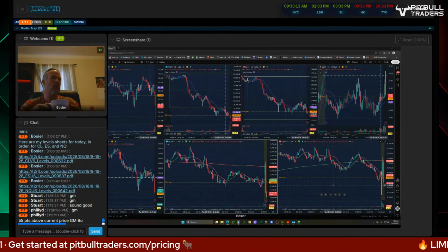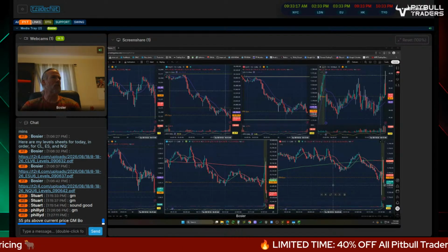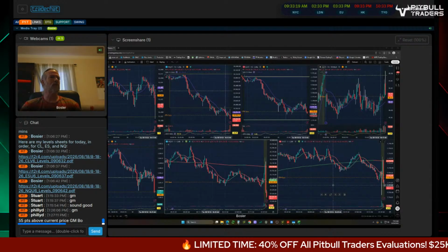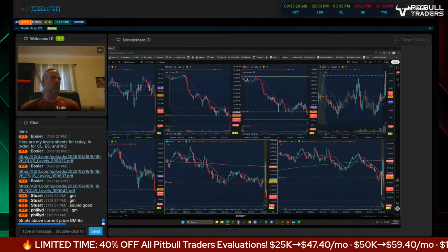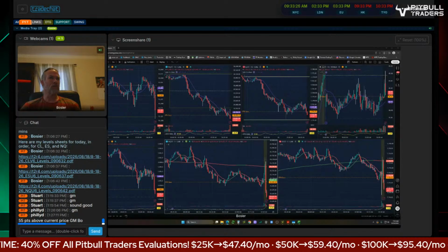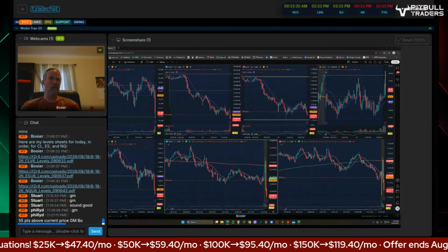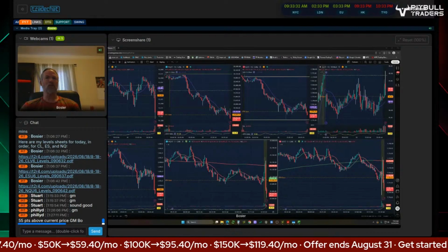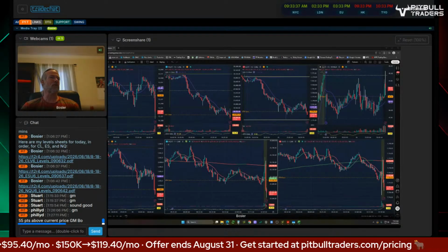Let's see what happens if the NQ can actually give us a real touch of that 50-day. Like I said, I have it coming in at 594.5. But with tomorrow's projected 50-day, including the slope, it comes in around 614.